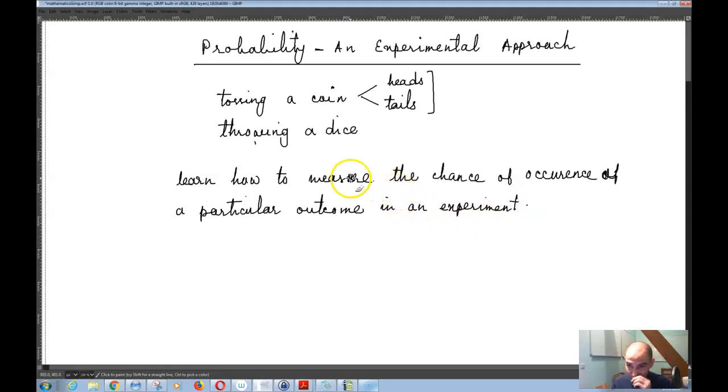And just to make sure that you understand what this means: we want to learn how to measure, meaning that you want to express those outcomes in terms of a number. The chance of occurrence of a particular outcome means how likely it is that a particular outcome occurs. And an outcome, for example, having heads would be an outcome in tossing a coin. Getting tails would be another possible outcome. When you toss a coin, you're doing an experiment. So you have these two outcomes, and you want to learn how to measure the chance of occurrence of any of these two particular outcomes when you do that experiment.